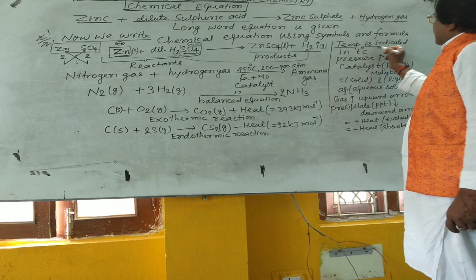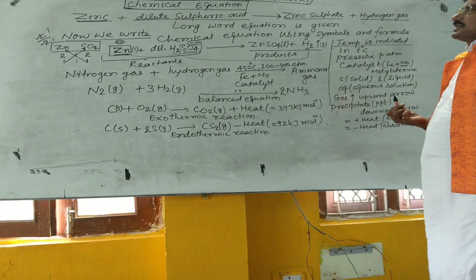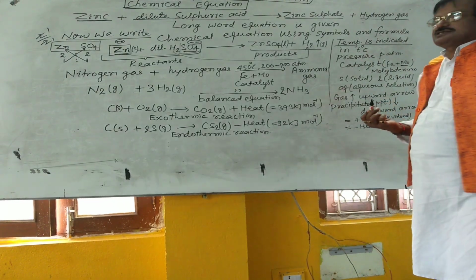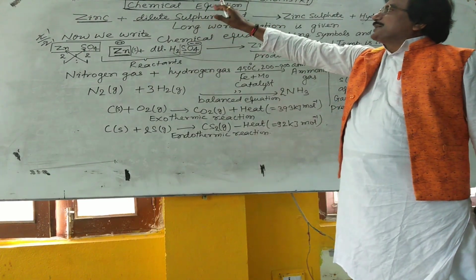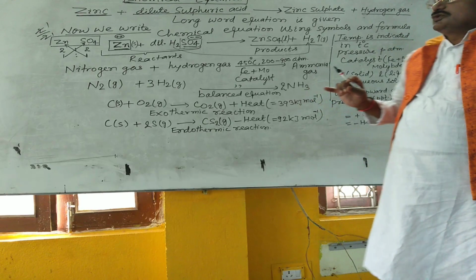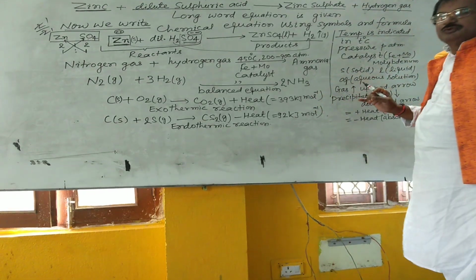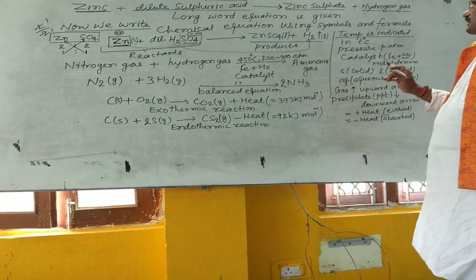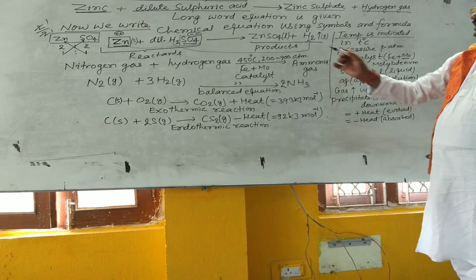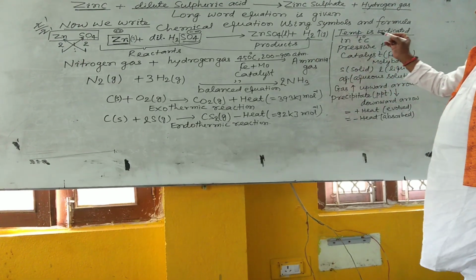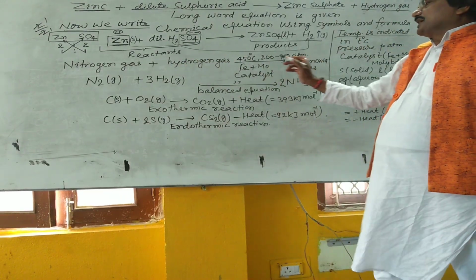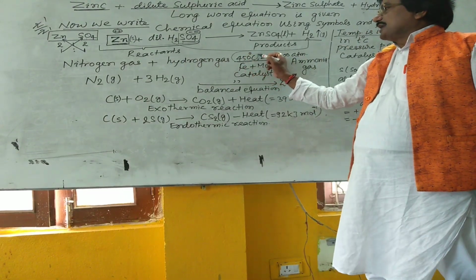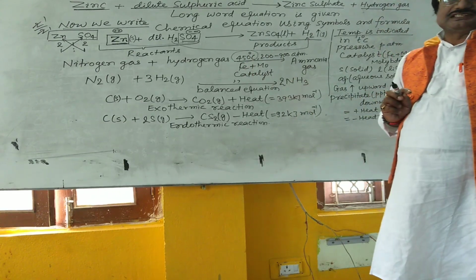I have indicated so many pieces of information in the chemical equation. We can write it in symbolic form. If temperature is mentioned, then in between reactant and product, temperature can be given in degrees Celsius.